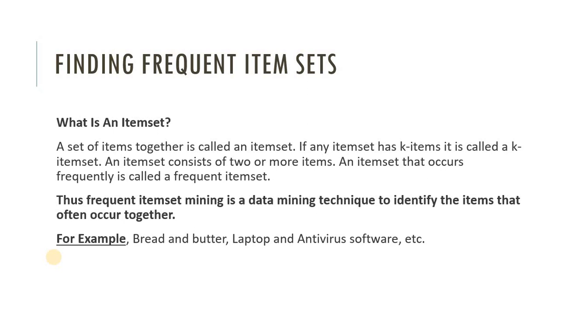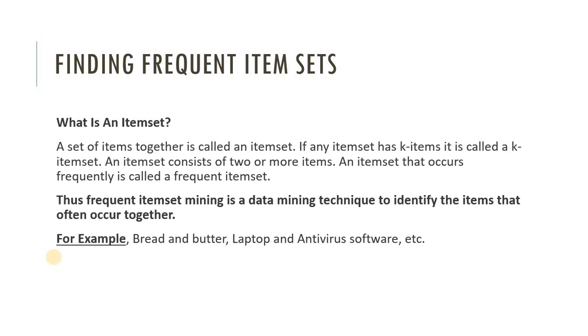To understand that, first let's understand some terms. First, what is an item set? A set of items together is called an item set. If any item set has k items in it, it is called a k item set. An item set consists of two or more items, and item sets that occur frequently are called frequent item sets.